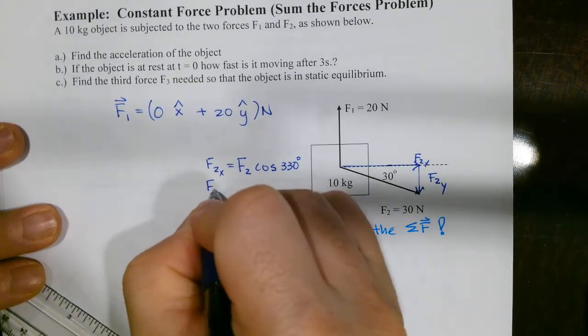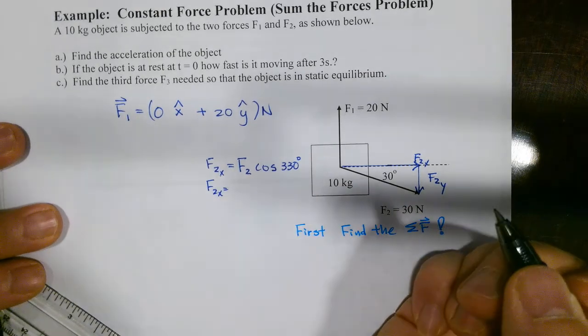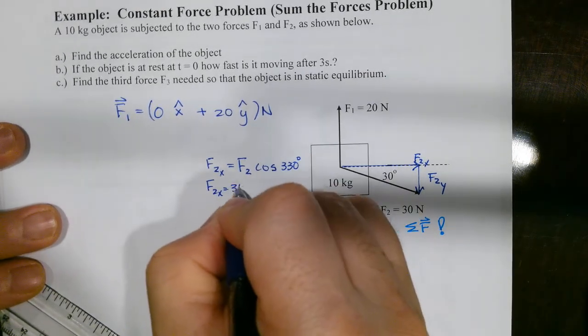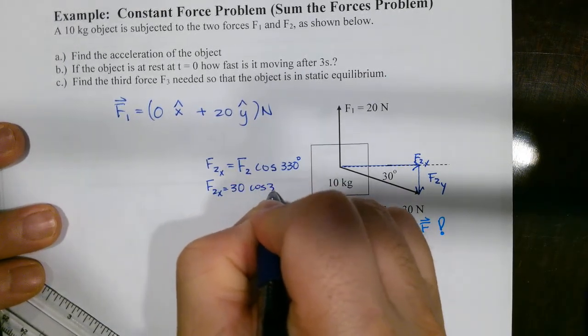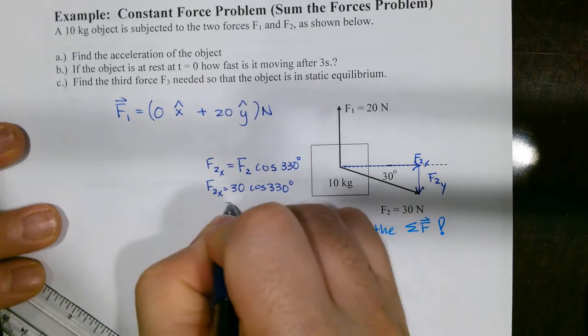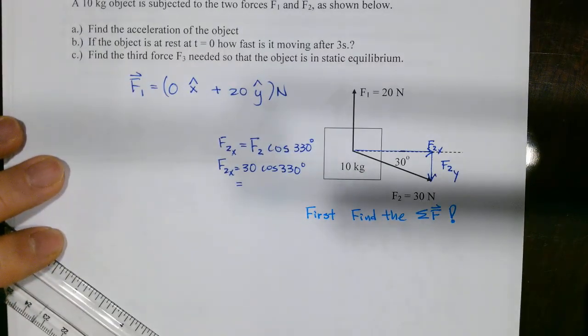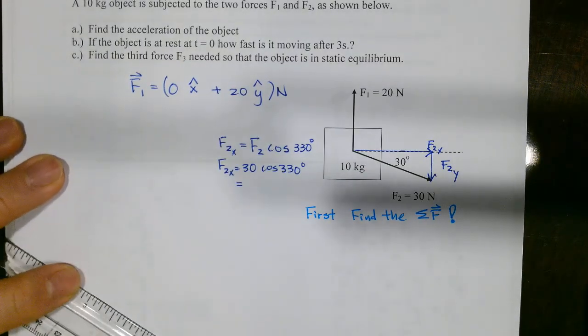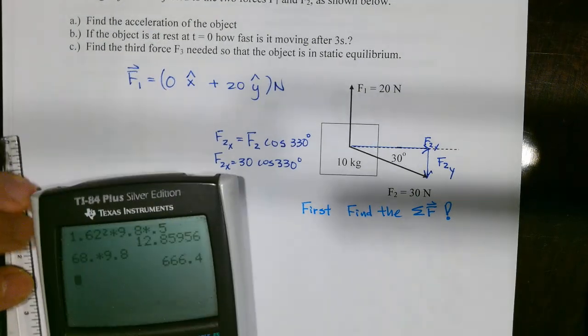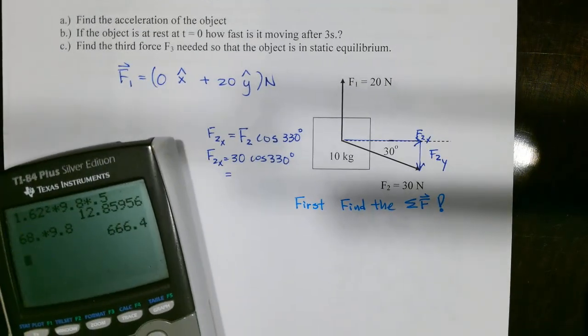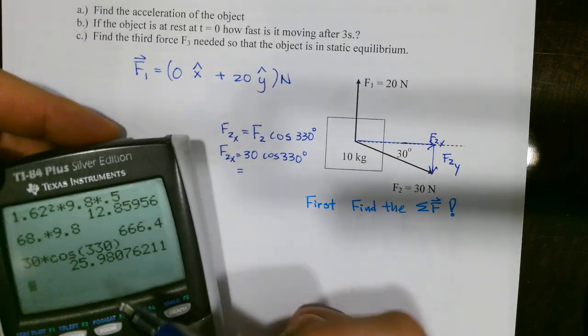So my f2x is equal to 30 times cosine of 330. And what is that? So here, 30 times cosine of 330, and I get 26.0, right?